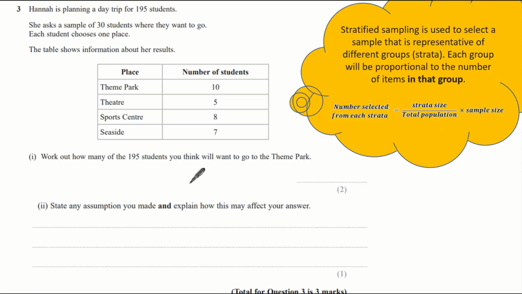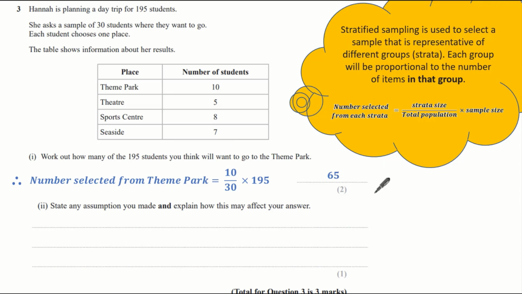So to work out how many of the 195 students we think will go to the theme park, it's simply 10, because that's how many people said they wanted to go to the theme park, over the 30, because that's the total she has, multiplied by the 195, because we need to find out of that 195 how many will want to go to the theme park.